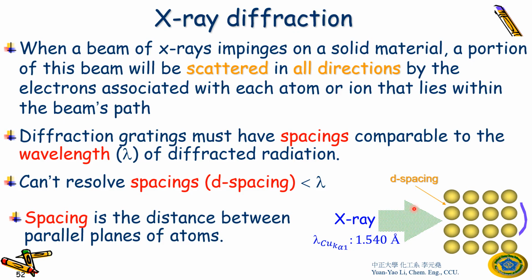So if you narrow down the d-spacing between the atoms, or reduce the wavelength of the X-ray or electromagnetic radiation, then you will have diffraction. This distance and the wavelength of the X-ray need to be matched. They cannot be too different. They have to be very close.